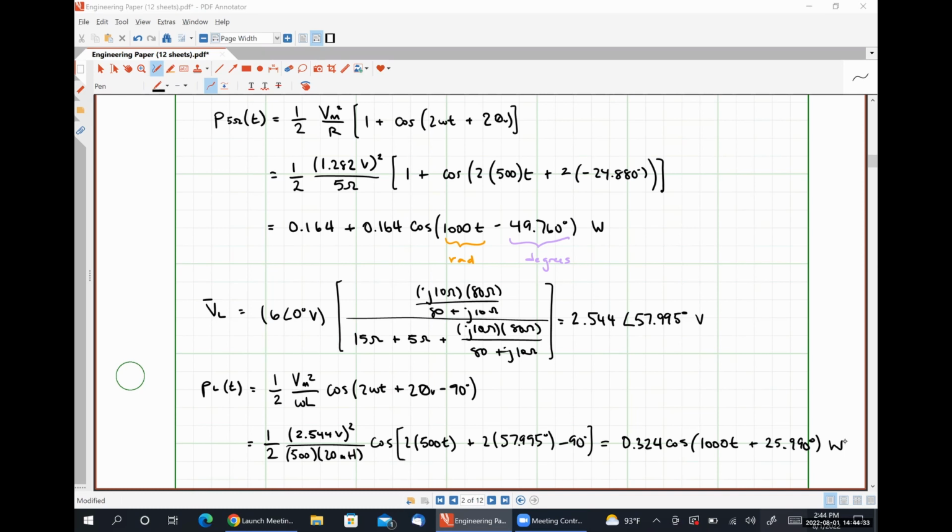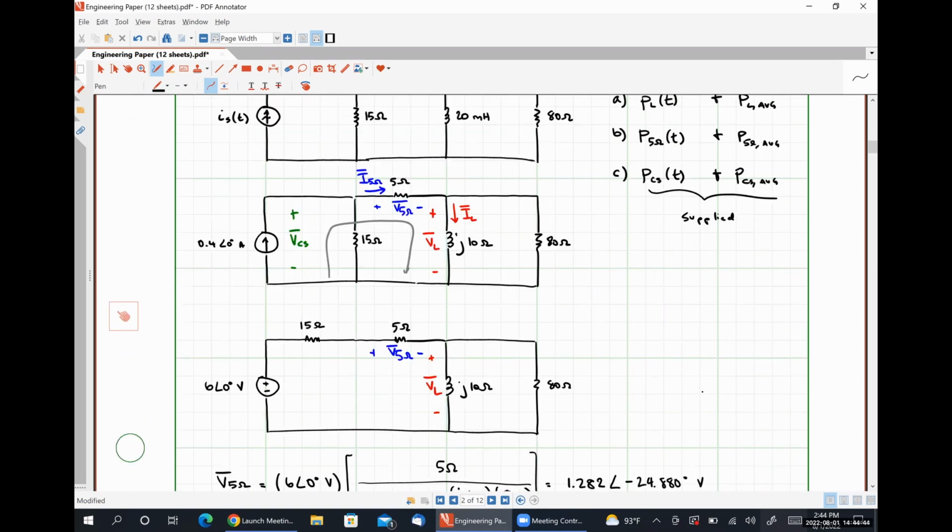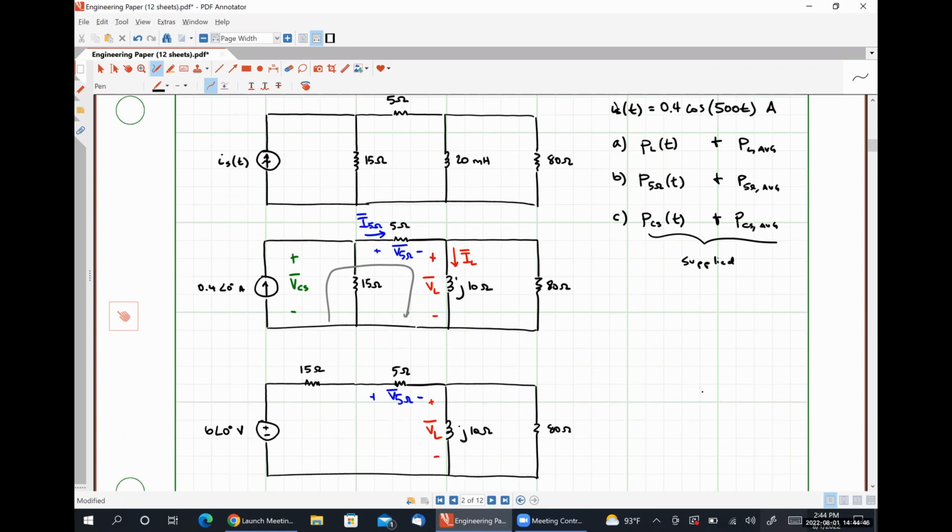All right, let's see. We are going to be looking for the voltage drop across our current source now. So coming up here to this middle circuit, hopefully you all can see pretty much by inspection that the voltage drop across our current source is simply the voltage drop across our 5 ohm resistor plus the voltage drop across our inductor.